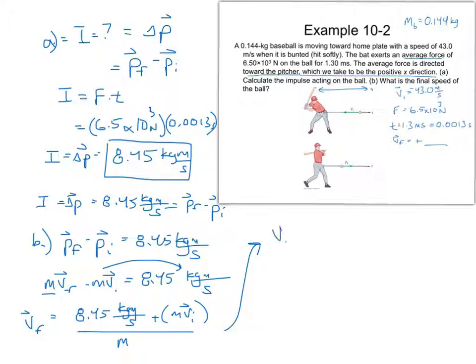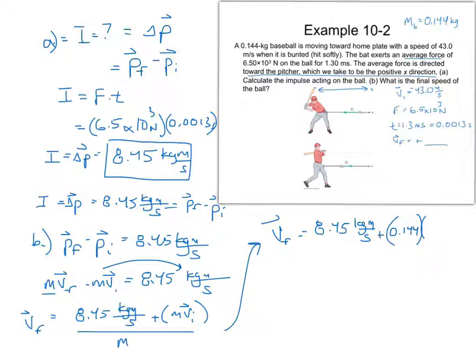All right, so v final equals 8.45 kilogram meters per second plus, hope I have enough room here, the mass is 0.144. I'm going to leave my units out, sorry, just because of space here, times what's our initial velocity.